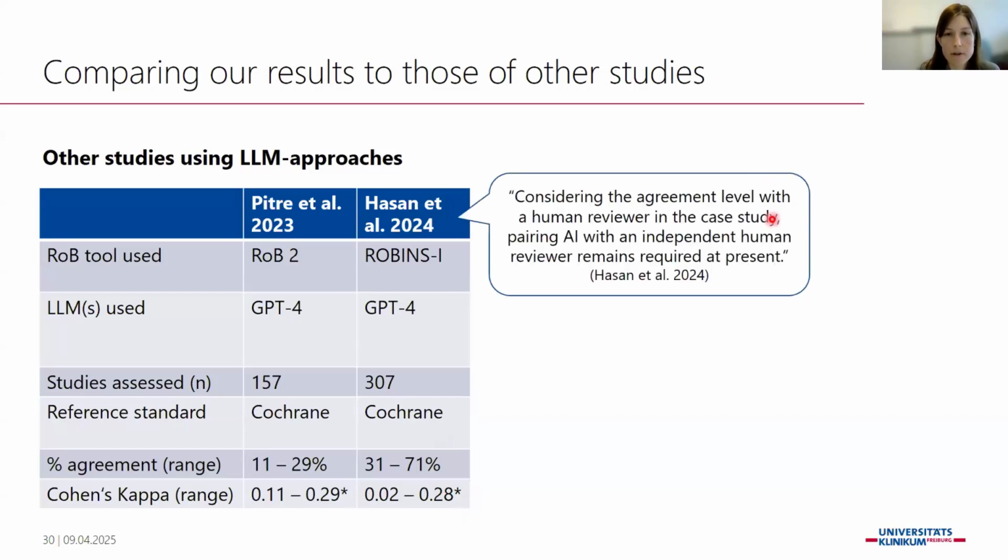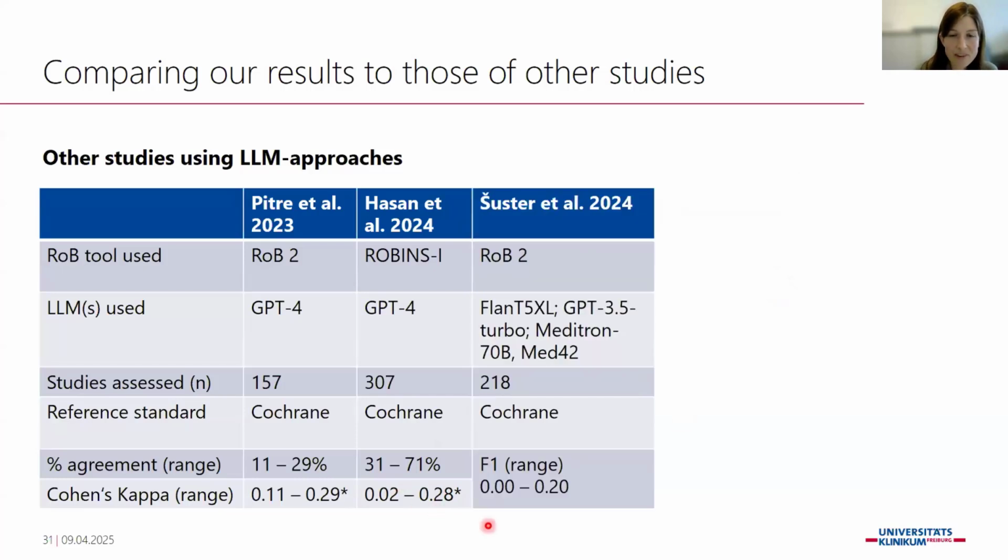And here again, I have one sentence of the conclusion of Hassan et al. Considering the agreement level with a human reviewer in the case study, pairing AI with an independent human reviewer remains required at present. Yeah, which is already optimistic. But I would say the results are also not that promising.